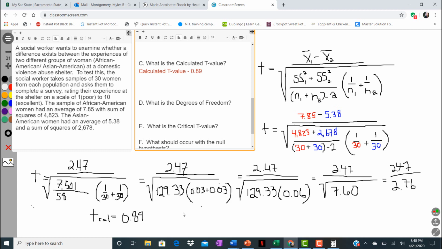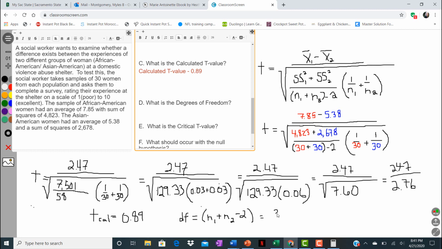Okay, so degrees of freedom. The way the book has it is a little bit different. They say n1 plus n2 minus 2, which, from our populations here, are the sample sizes.